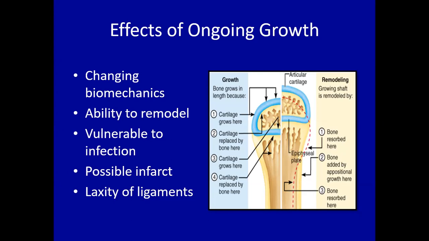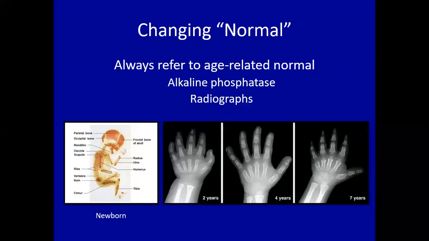The bone is usually reabsorbed in the physis, but these are also areas of vulnerability to infection, near the epiphysis and physis, as well as infarction. And there is definitely hyperelasticity to ligamentous tissue as it is starting to become more calcified and dense.